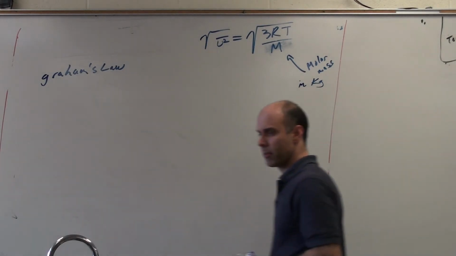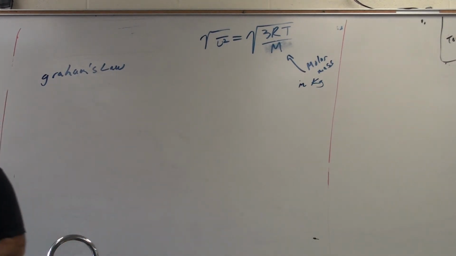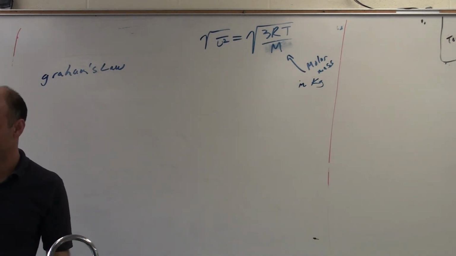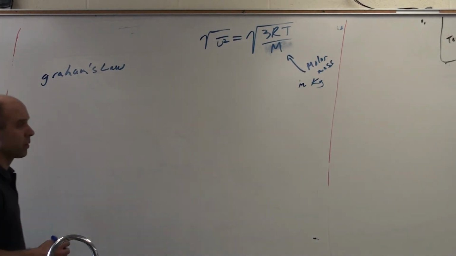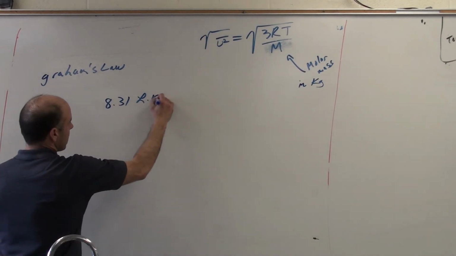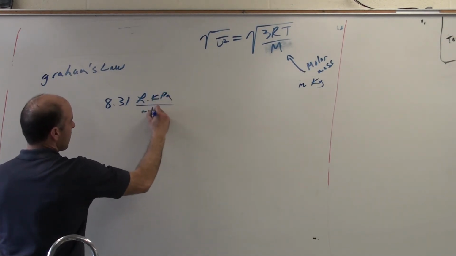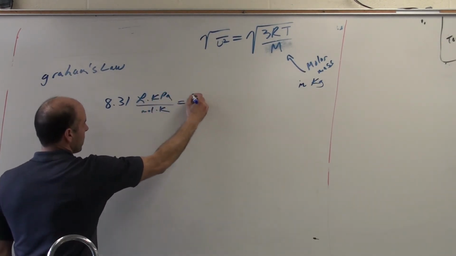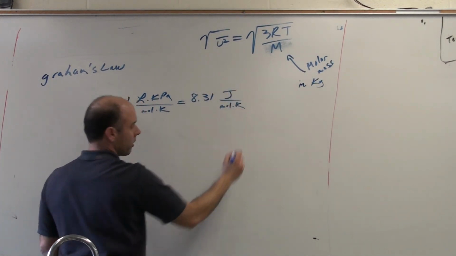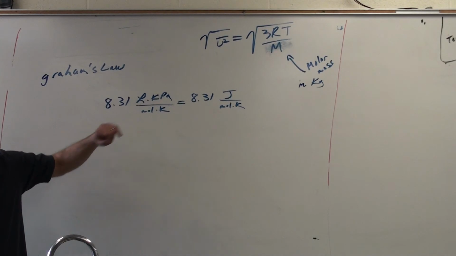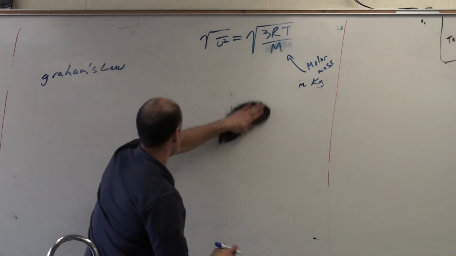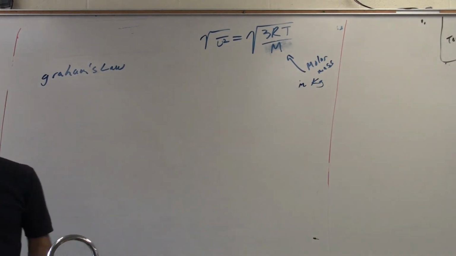When calculating Kp, I think we have to use 0.0821. Is the 8.31 in kilopascals and joules? 8.31 is joules per mole Kelvin. It's liters kPa per mole Kelvin, but this is equal to 8.31 joules per mole Kelvin, because a liter times a kPa is a joule. Oh, sorry. Yeah.